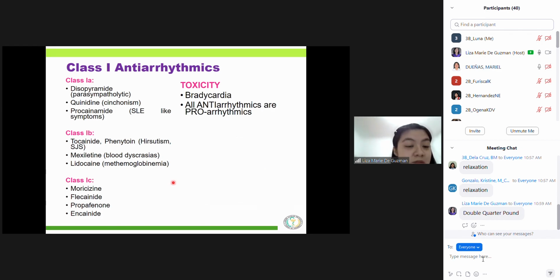So, disopyramide, the effect of this drug is parasympatholytic. So, it has an atropine-like activity. So, disopyramide has an atropine-like activity. It's parasympatholytic, anticholinergic. Quinidine elicits cinchonism because it is a derivative of quinine from cinchona bark.